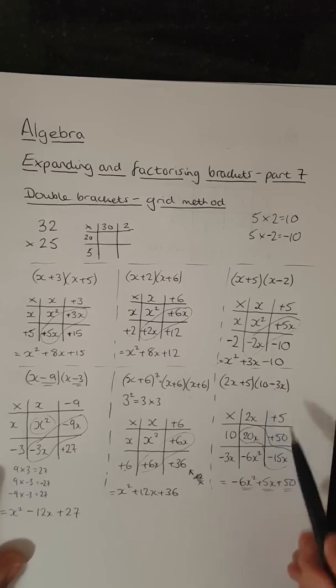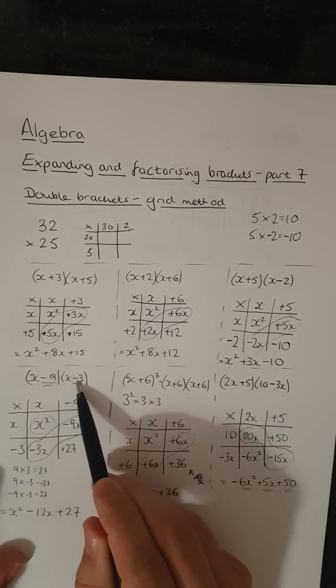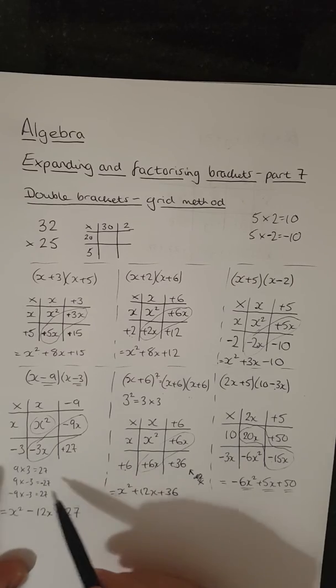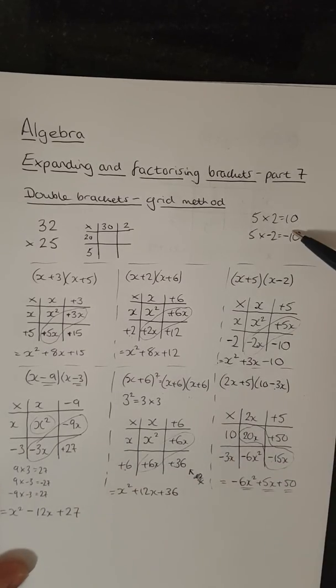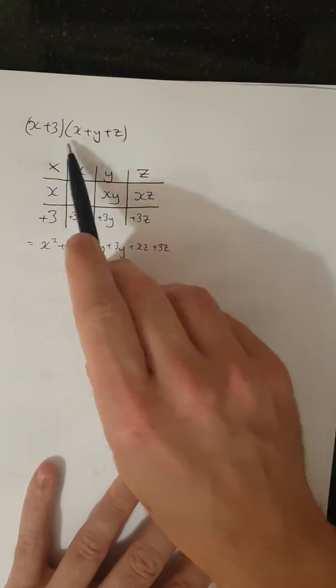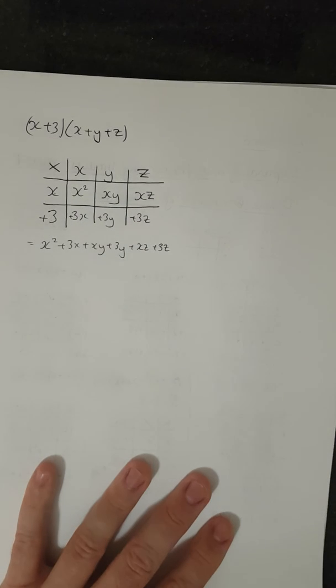Watch out for negative signs to make sure you get negatives correct. If you need to, write out a little table to help you do the negatives. If you have 3 numbers or 3 things in a bracket, spread it out like so. You now need to practice at least 2 of these 3 methods until you feel comfortable.